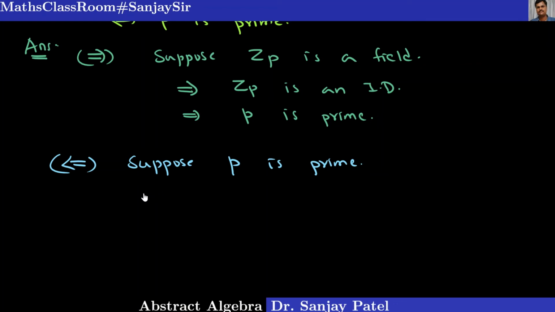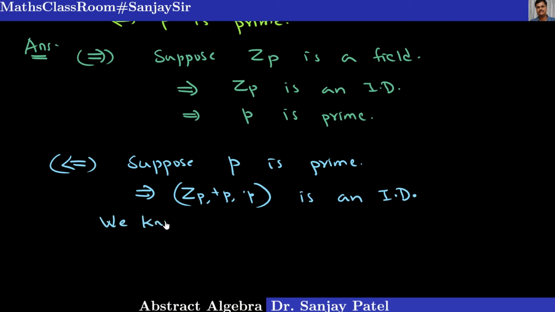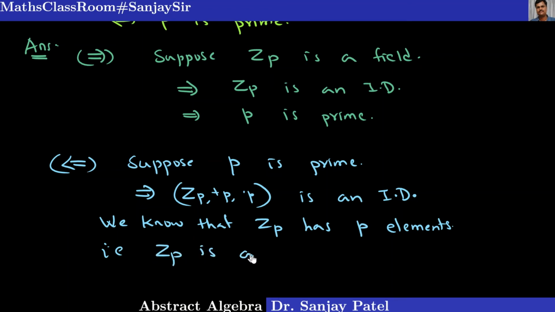If p is prime, then we have proved in the above result that Zp, plus p, dot p is an integral domain. Also, we know that Zp has exactly p elements. So that means Zp is a finite set, or rather a finite integral domain.